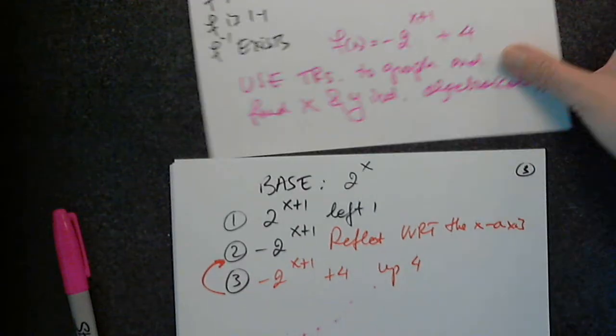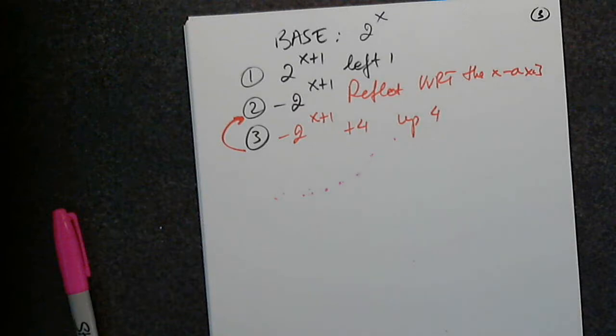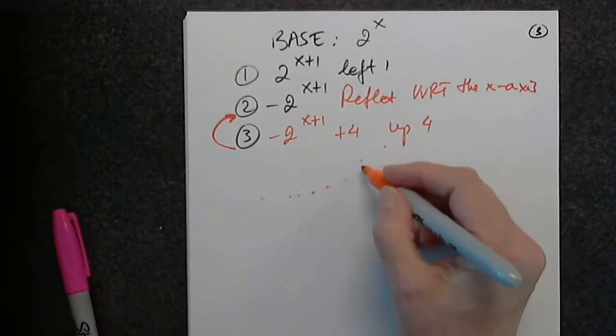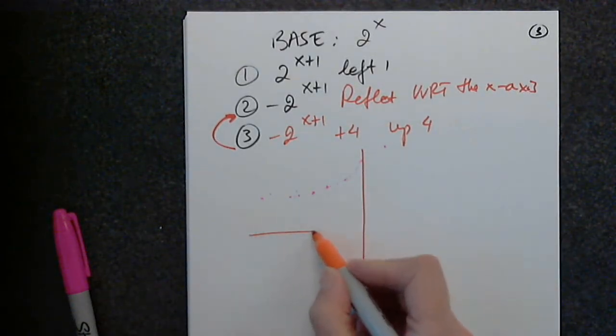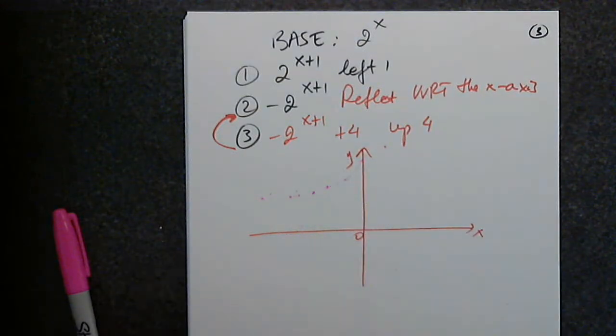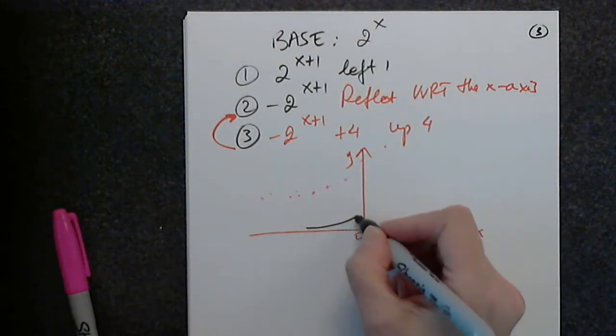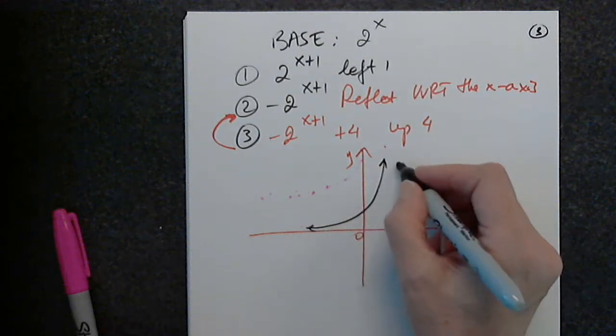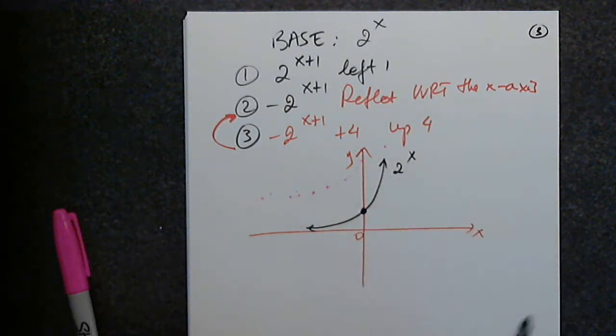Okay, so I'm graphing 2 to the x. Is it increasing or decreasing on all its domain? Yes, it is increasing on all its domain, and it has to cross at 0, 1. Any exponential function, including this one, must cross the y-axis at 0, 1, because when x is 0, y is 1.